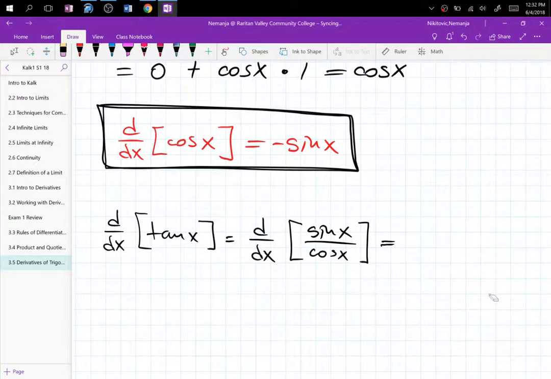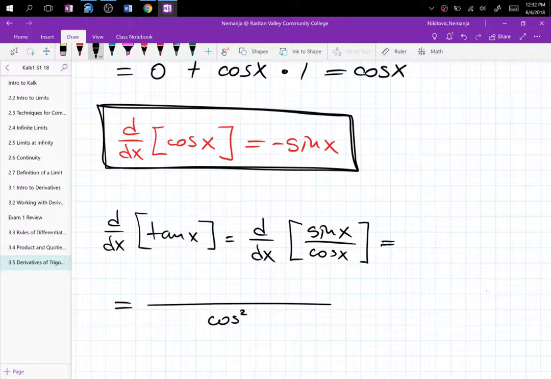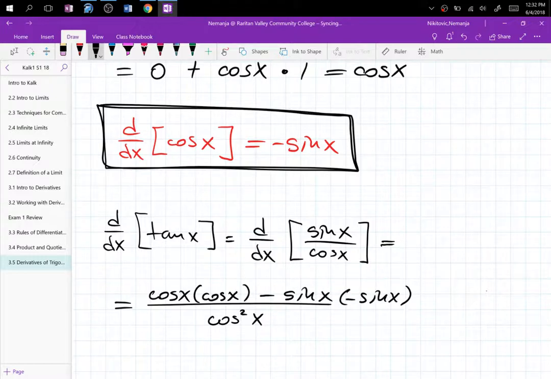So we have cosine squared x, then we have cosine x times cosine x minus sine x times negative sine x. There we go, much better.